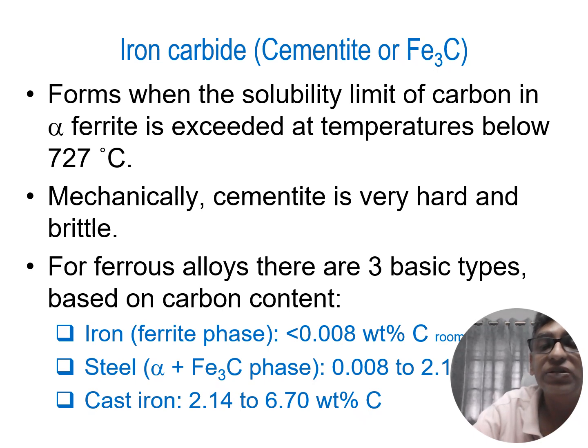For ferrous alloys, there are three basic types based on carbon content: iron, steel, and cast iron. Iron is the ferrite phase; steel has 0.08 to 2.14% carbon, whereas cast iron has 2.14 to 6.7% carbon.